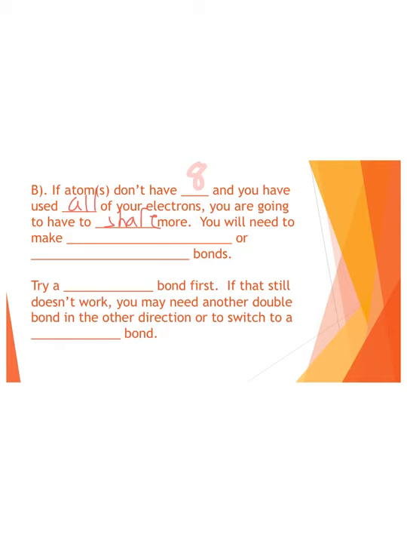So what you're going to need to do is make double or triple bonds. So try the double bond first. If that still doesn't work, you may need to make another double bond in the other direction, so like having 2 double bonds, or you may need to switch to a triple bond.